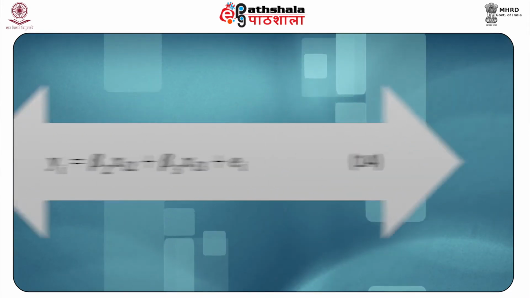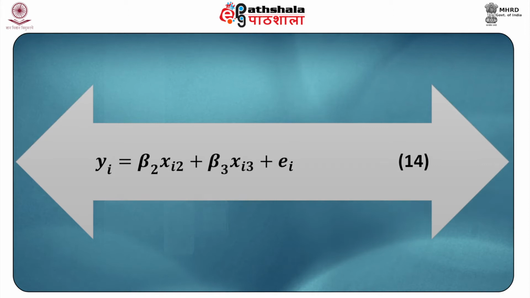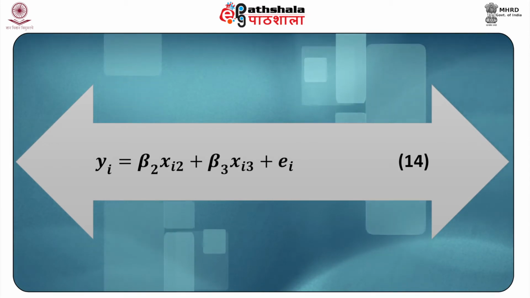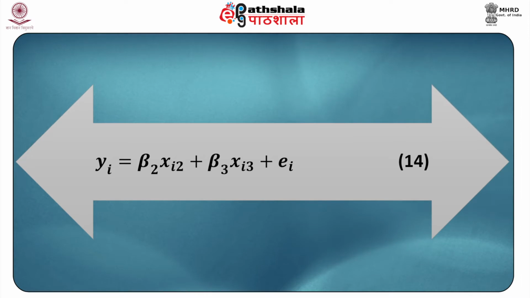Now subtracting this 13 from 2 will give us the model in deviation form, and this model can be written as small yi is equal to beta 2 into small xi2 plus beta 3 into small xi3 plus ei, and we can write down this as equation 14.